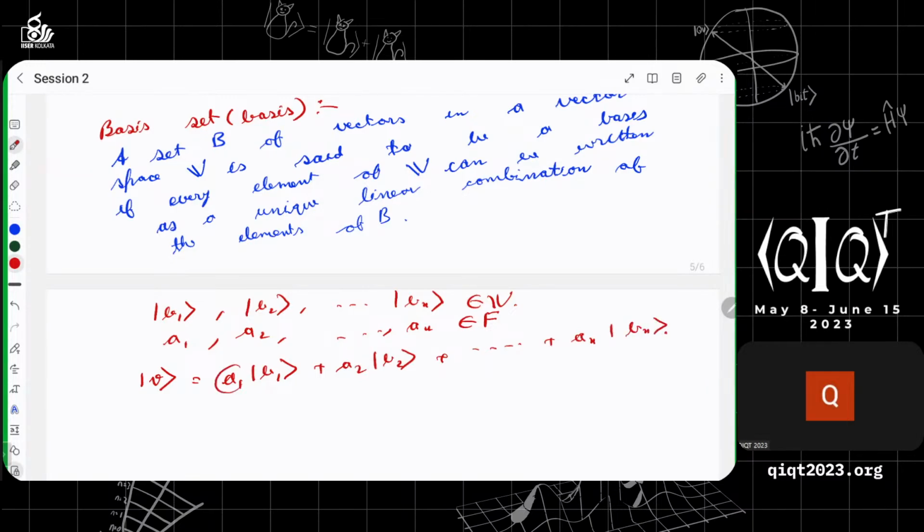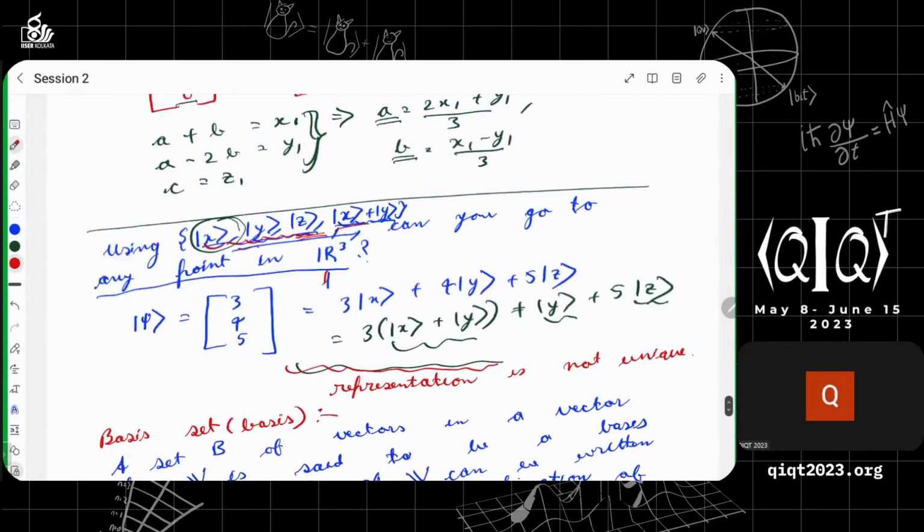So B1, B2, Bn are fixed. Just by varying A1, A2, up to An, can you go to any vector in the vector space? If you can, then it is a basis. And another condition is that it has to be a unique linear combination. So in this example, this was not a unique linear combination. There were two ways by which we could write this. So this set is not a basis.